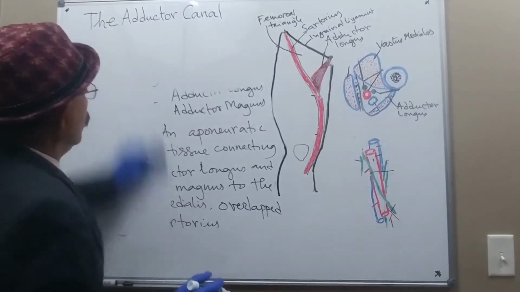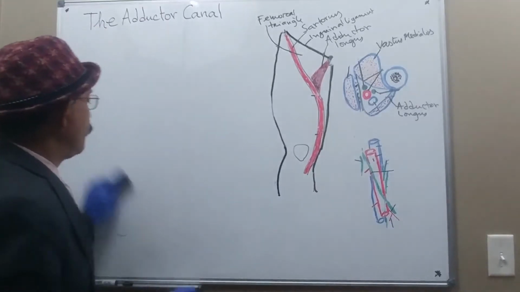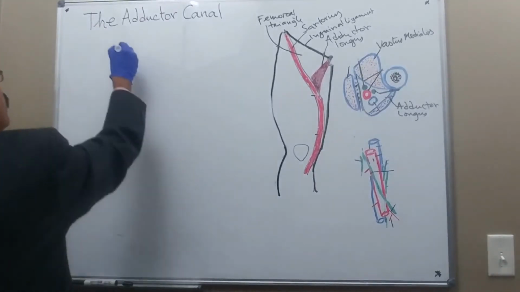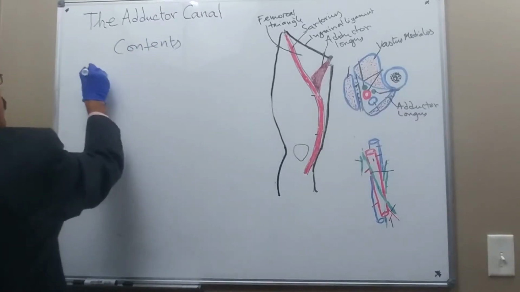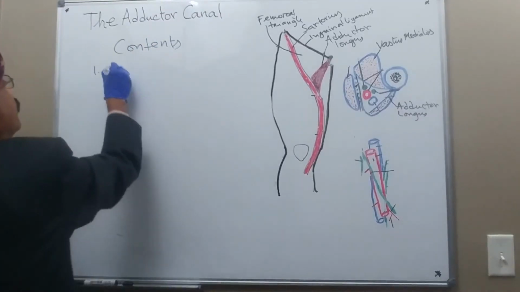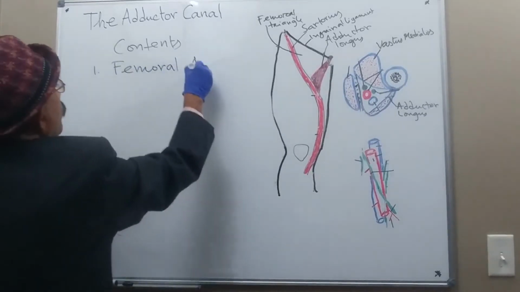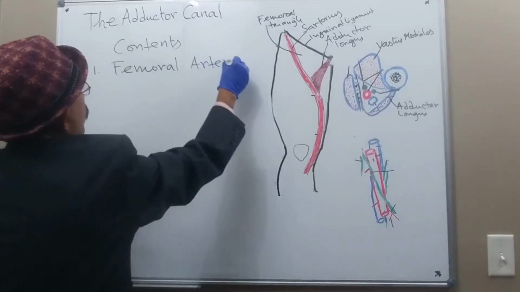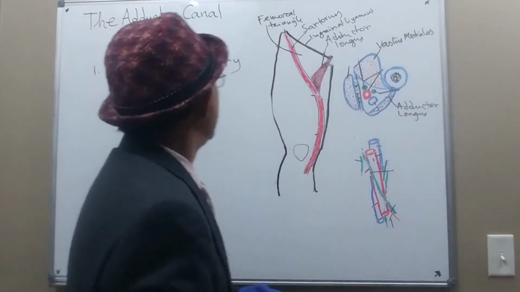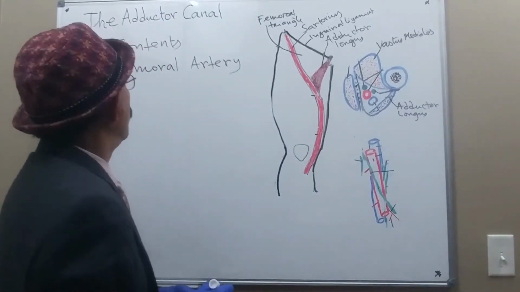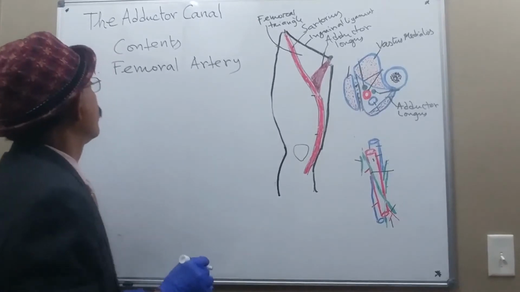Now we will get the contents of the adductor canal. We have the femoral artery and its muscular branches and the descending genicular branch of the femoral artery just above the adductor hiatus.